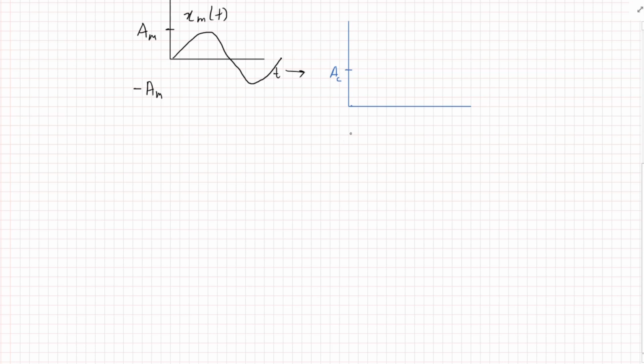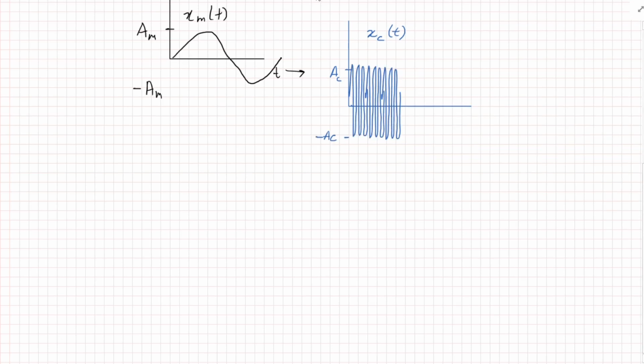Its amplitude varies between A_c and minus A_c. Now, this is the carrier signal which we represent with x_c(t), and it is a high frequency signal. As we know, the amplitude of this carrier signal will be modulated by this low frequency message signal.